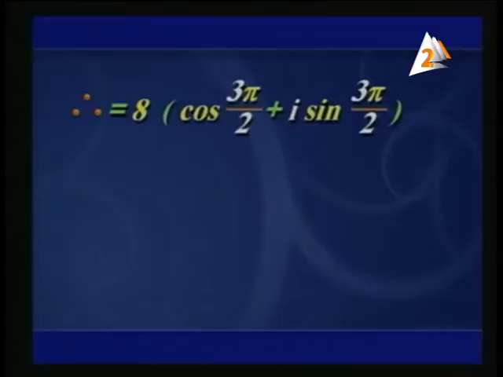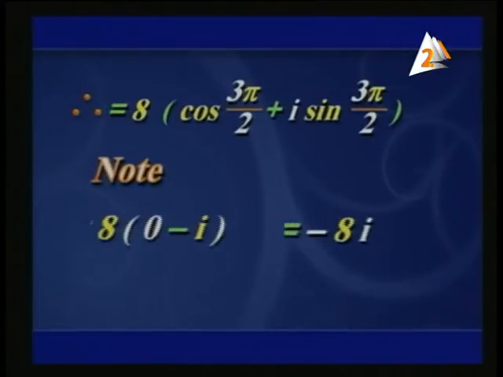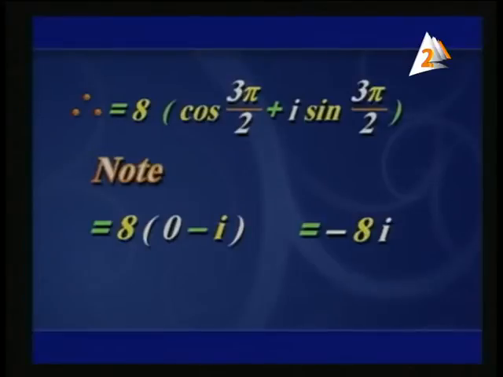Therefore, it equals 8 times (cosine 3 pi over 2 plus i sine 3 pi over 2), and equals 8 times (0 minus i) equals negative 8i equals 8 e to the power 3 pi over 2 i. Now, dear students, let's go to another example.